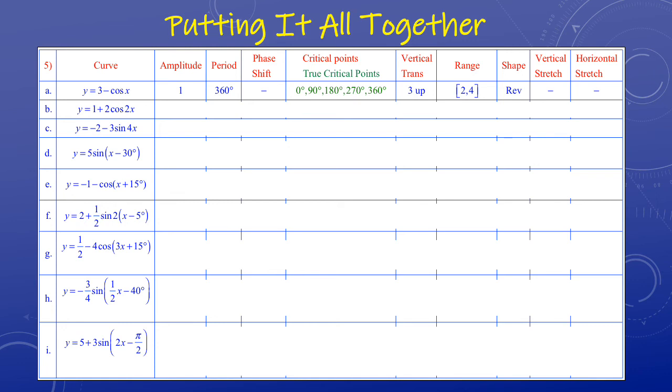This curve has been shifted 3 units up, and therefore the range runs from 2 to 4. This is a reverse curve because of the negative sign, and it is neither stretched nor shrunk, and it is neither compressed nor elongated.